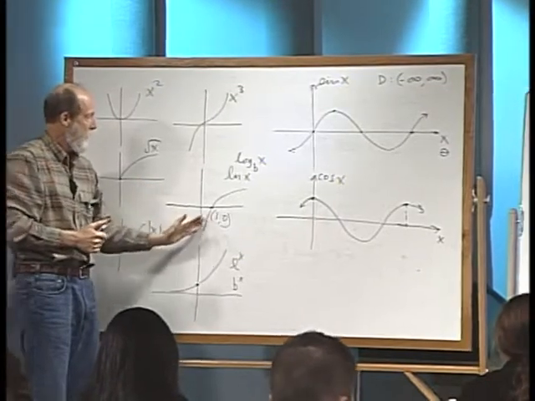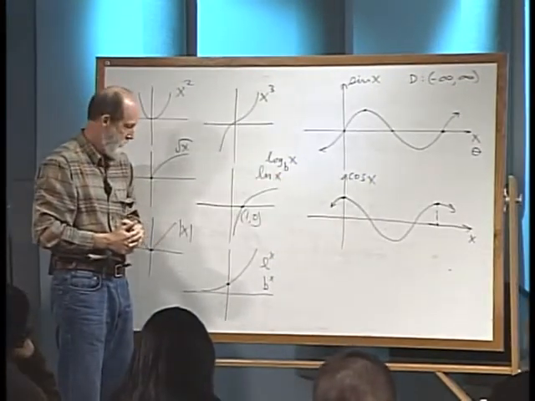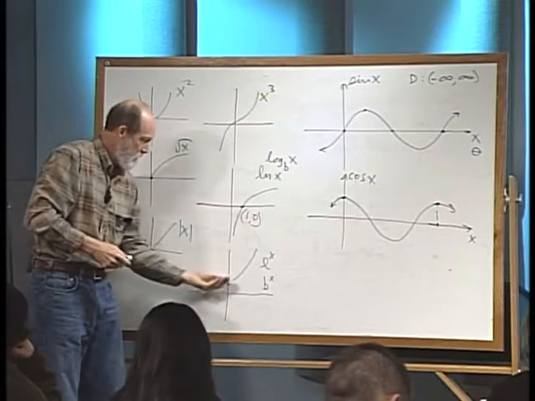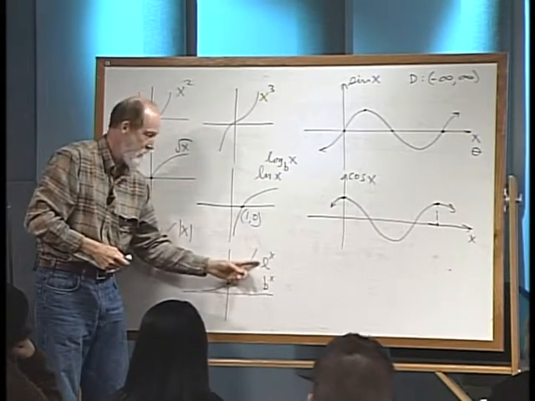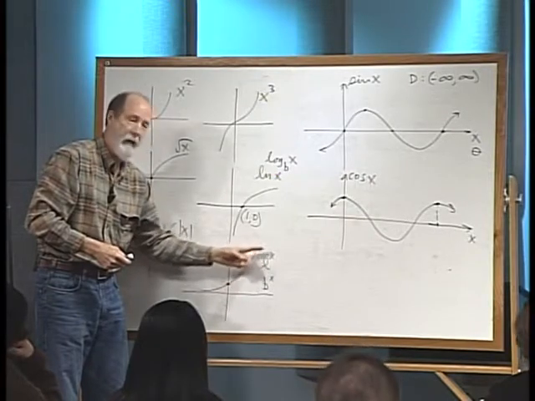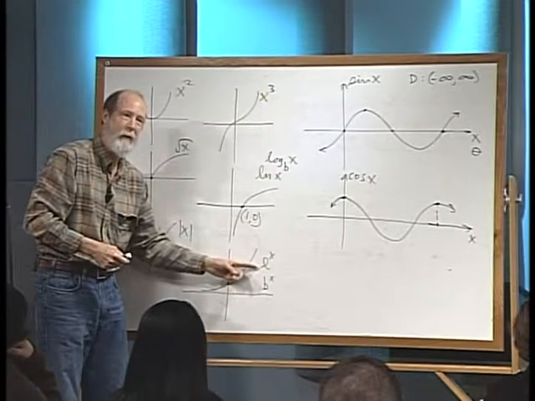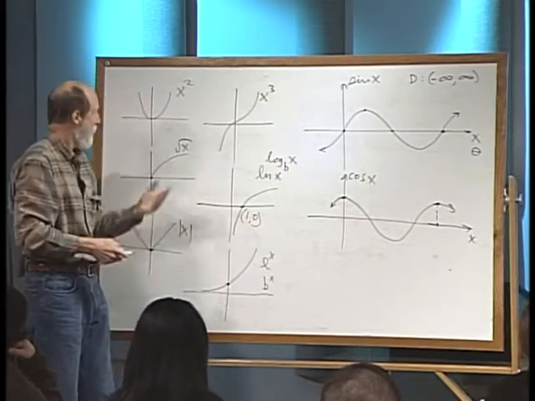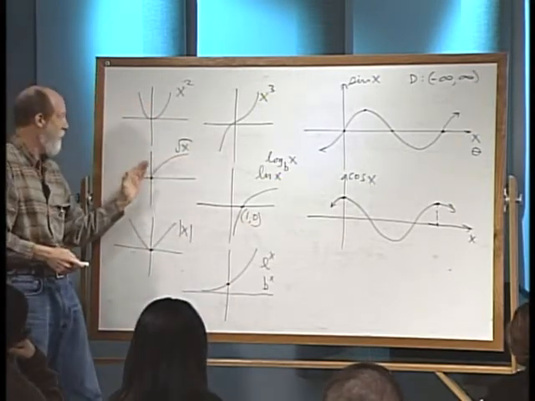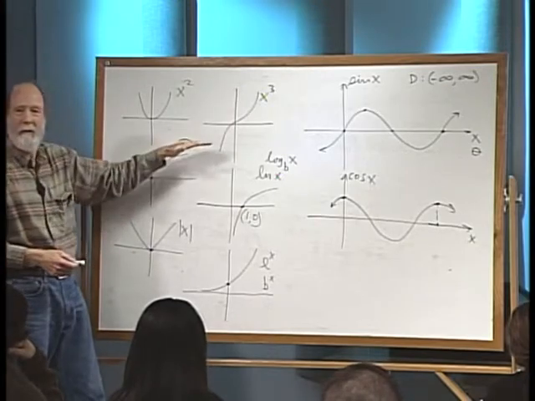The logarithm is an increasing function. This exponential, where this base is greater than 1, like e, 5 to the x, 10 to the x, and so forth. Those are increasing functions. The square root function in its elementary form is an increasing function.